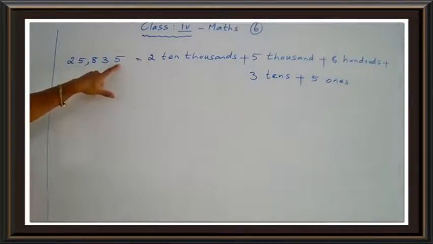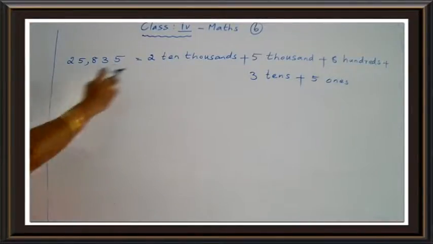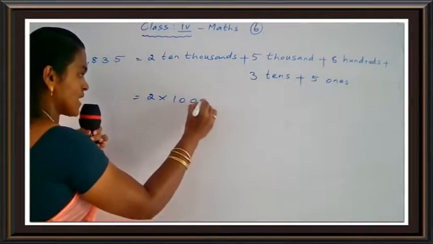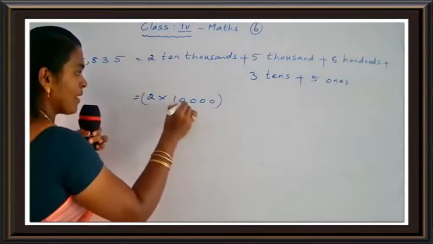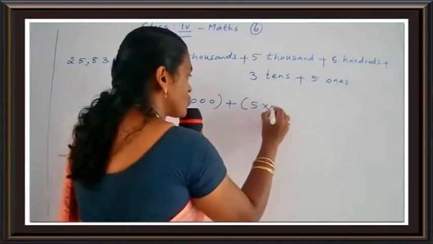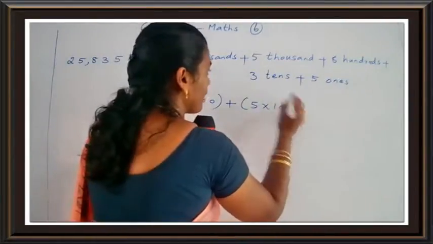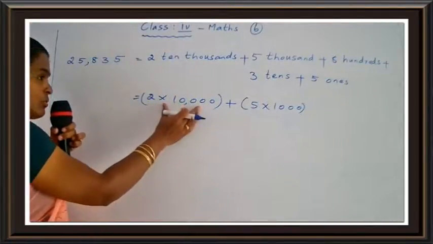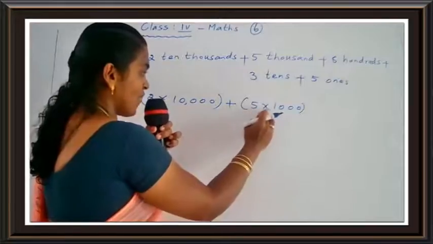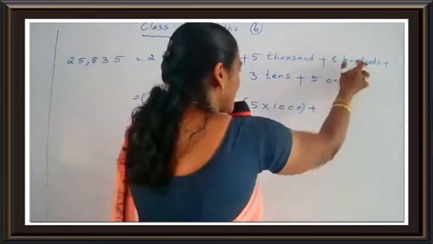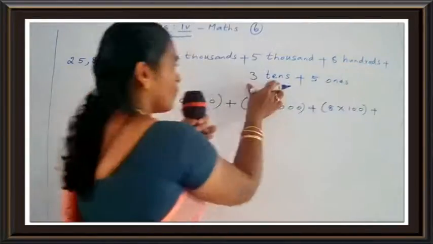Okay. Then now you come to the second way. 10,000. So 2 into 10,000. Okay, plus 5,000 can be written as 5 into 1,000. 2 10,000 can be written as 2 into 10,000 plus 5,000 can be written as 5 into 1,000 plus 800 means 8 into 100 plus 3 tens.